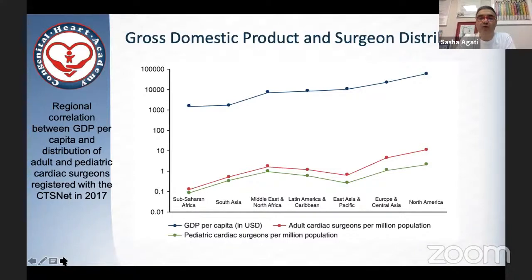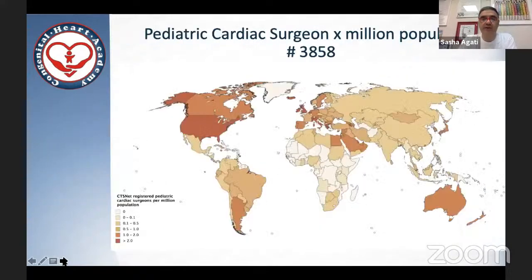But when we look to the left side of this graphic, we can see that in sub-Saharan Africa and South Asia, we have more or less 0.1 pediatric cardiac surgeon per million inhabitants. And this is, I think, very important in the general consideration.